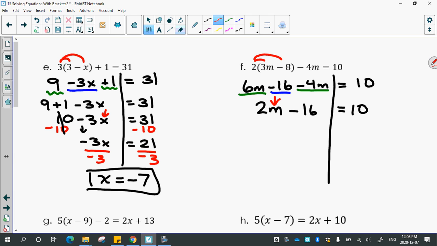So side with the variable tells me what to do. I want to undo the subtract 16 by adding 16. Cross out your 0 pair. 10 and 16 is 26.